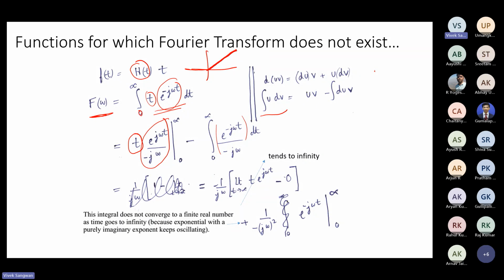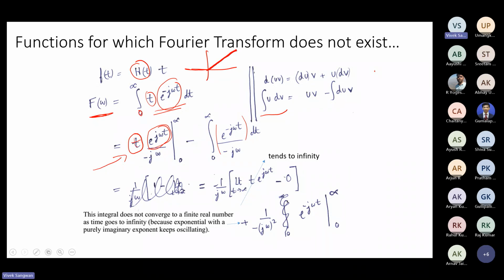Now in this, the first term itself is not converging. As you take t to infinity, this keeps oscillating and blows up. So this is not working.